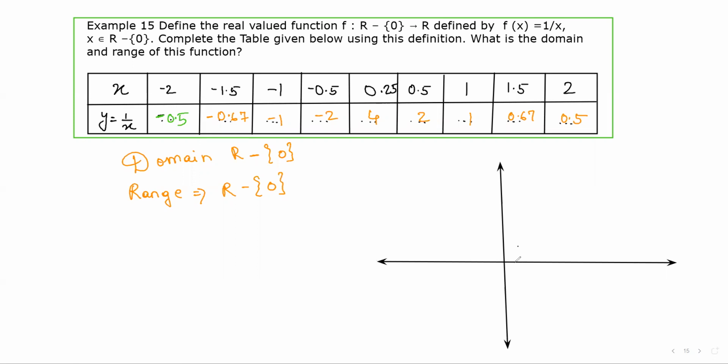At x greater than 1, say 1.5, your y is decreasing. At x less than 1, say 0.5, your y is incrementing. So this would never reach 0, but this would form a curve something like this.